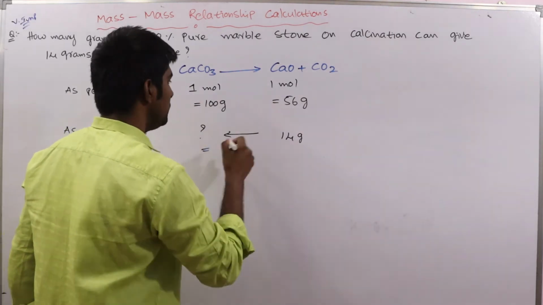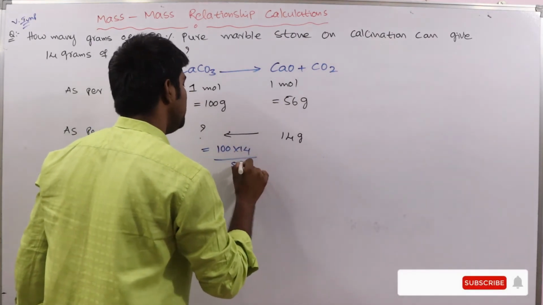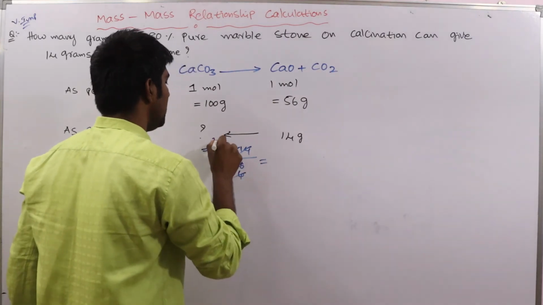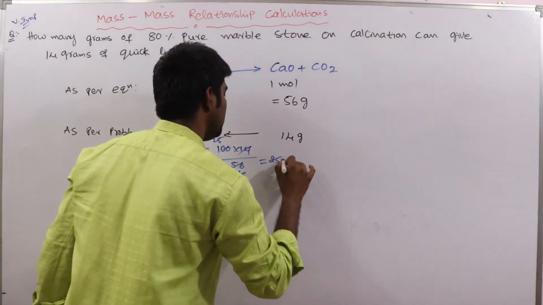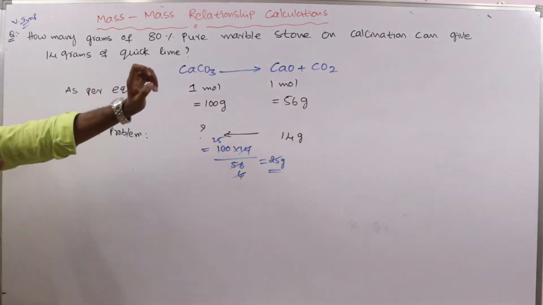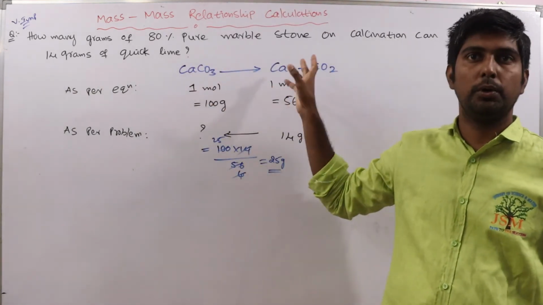Here we do the cross multiplication, 100 into 14 by 56. So 14 4 times 400, 25 times, so 25 gram. Okay, so to get 14 gram of quicklime, we need 25 gram of marble stone.